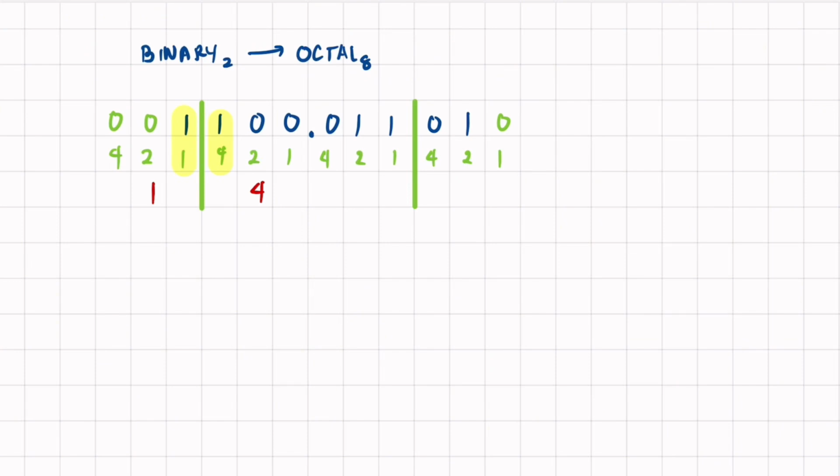And for the fractional part, let's highlight the 1 digits here. This one would be 3, this one would be 2. And don't forget the decimal point in the middle. There you go. If we combine all of these, we will get 14.32. So this is now our answer.